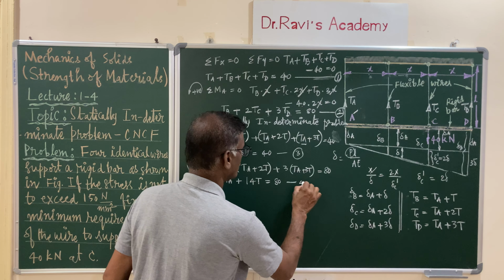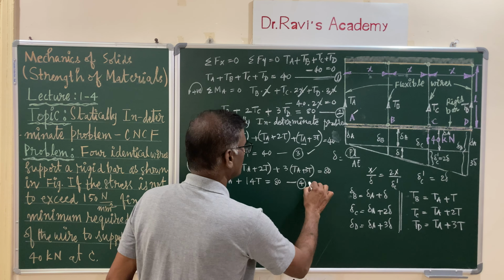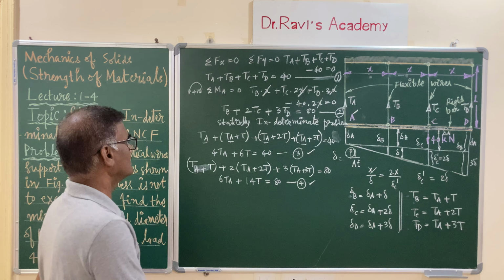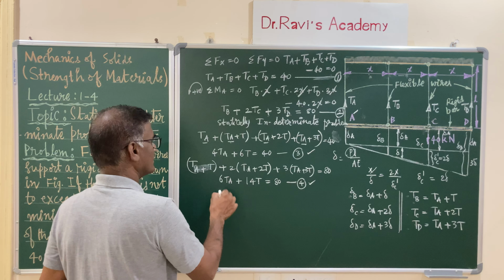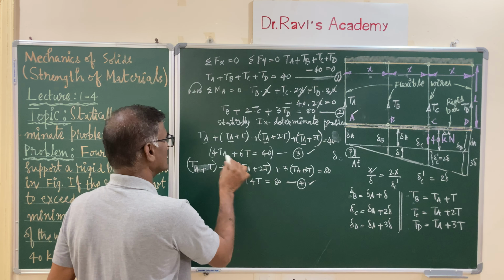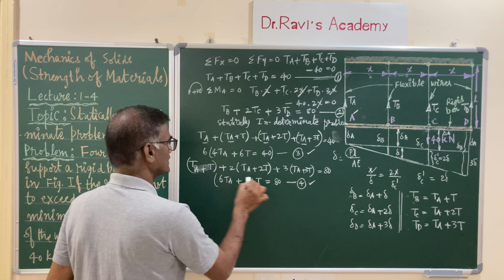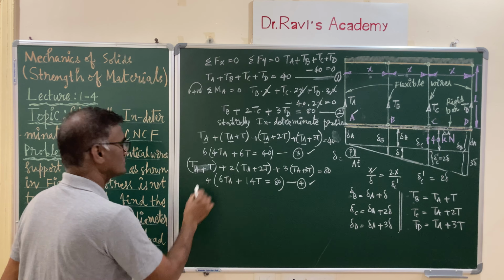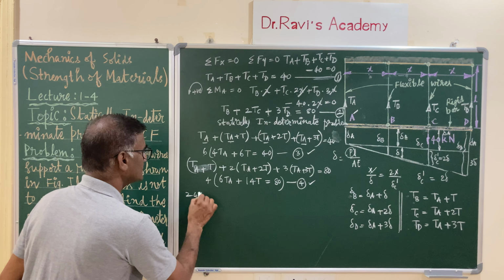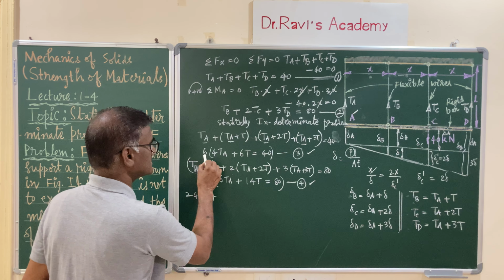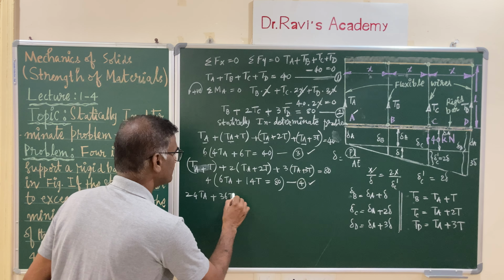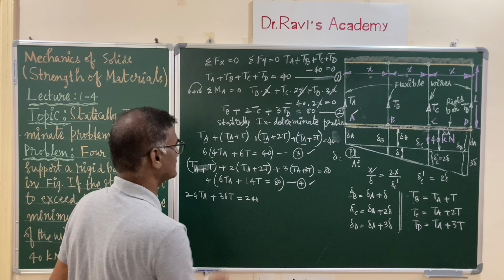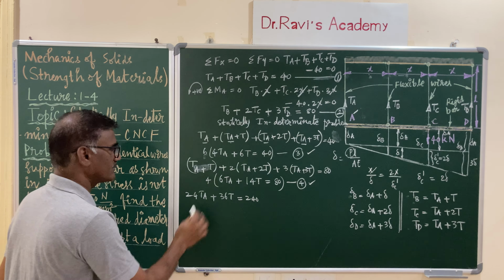Now solve 3 and 4 for T and TA values. You want to cancel TA. This equation you multiply with 6, and this equation you multiply with 4. Equation 3 multiplied by 6: 6 fours are 24 TA plus 6 sixes are 36 T is equal to 240. Equation 4 multiplied by 4: 4 TA plus 14 into 4, that is 56 T, is equal to 320. Now subtract equation 3 from equation 4.